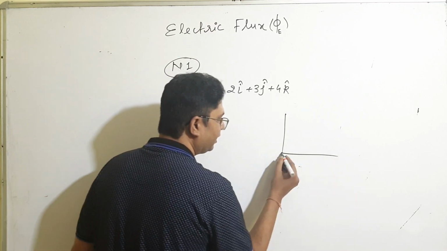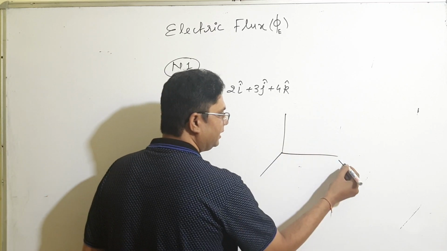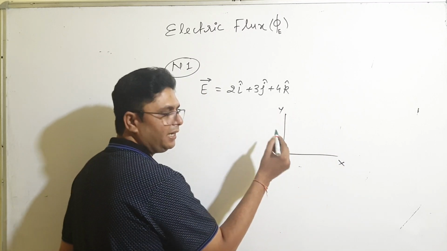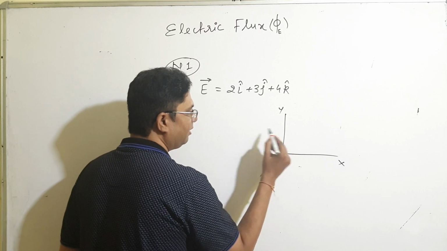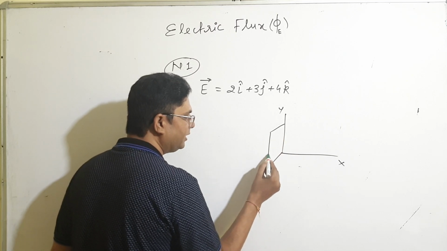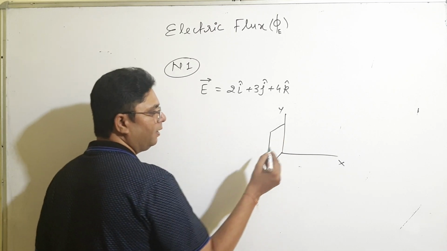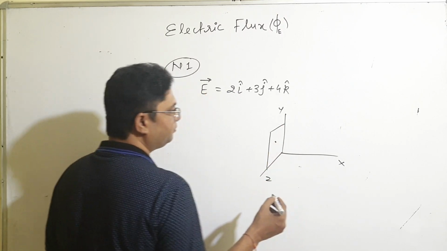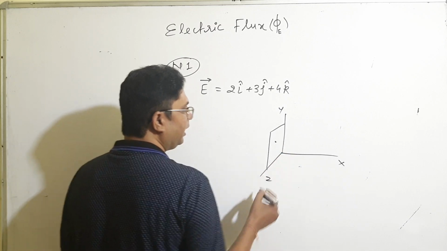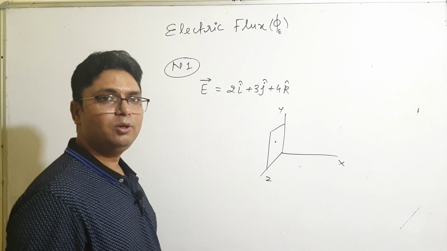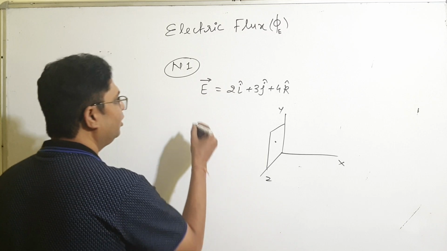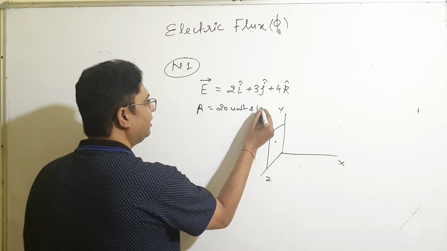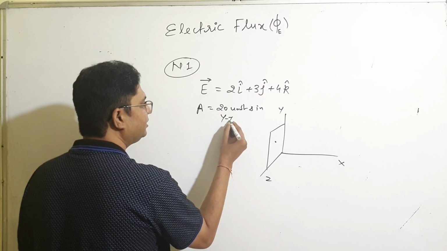In this diagram, this is X, this is Y and this is Z. So our area is in YZ plane. Let us have an area in YZ plane. This is our area. So area is 20 units in YZ plane.